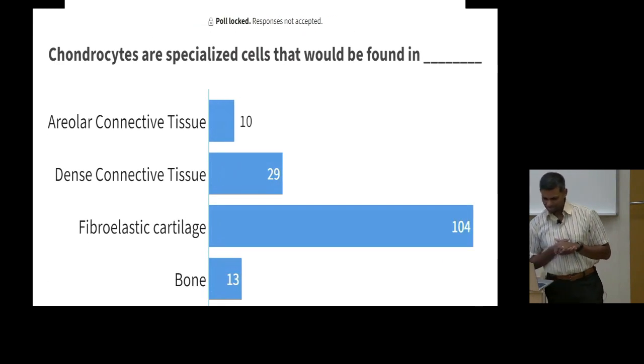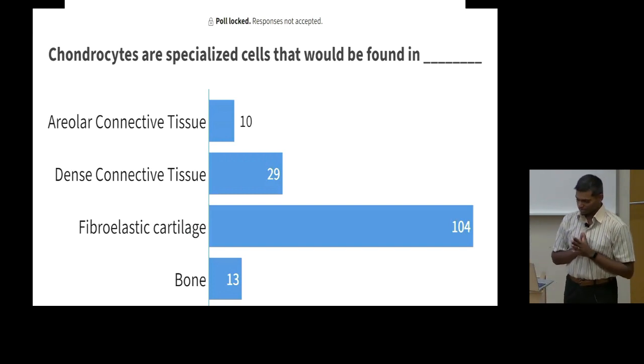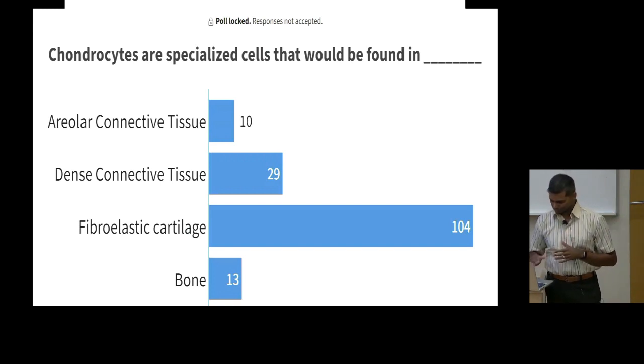Alright, the right answer is fibroelastic cartilage. So any type of cartilage, whether it's fibroelastic, hyaline, or elastic cartilage, would contain chondrocytes. And so chondrocytes is the right answer.